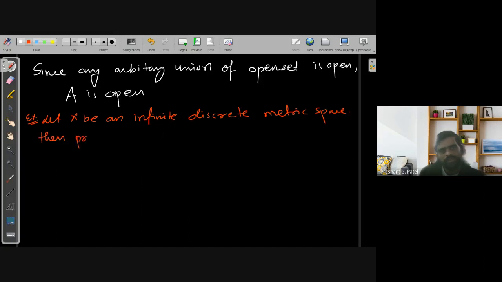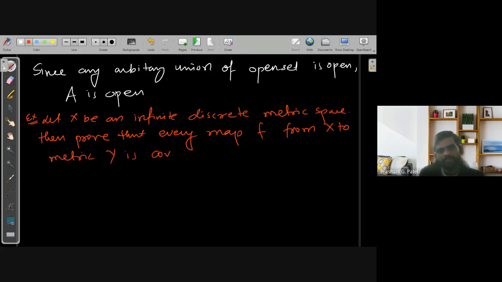Then prove that every map f from X to a metric space Y is continuous. So it says that if you have X, which has infinitely many points, and it is a discrete metric, and then you define any map from X to Y, it is always continuous.